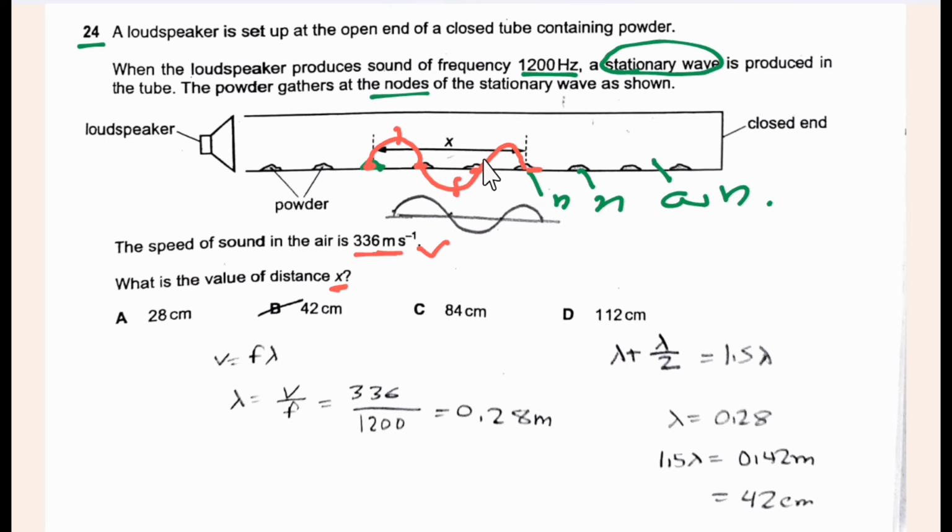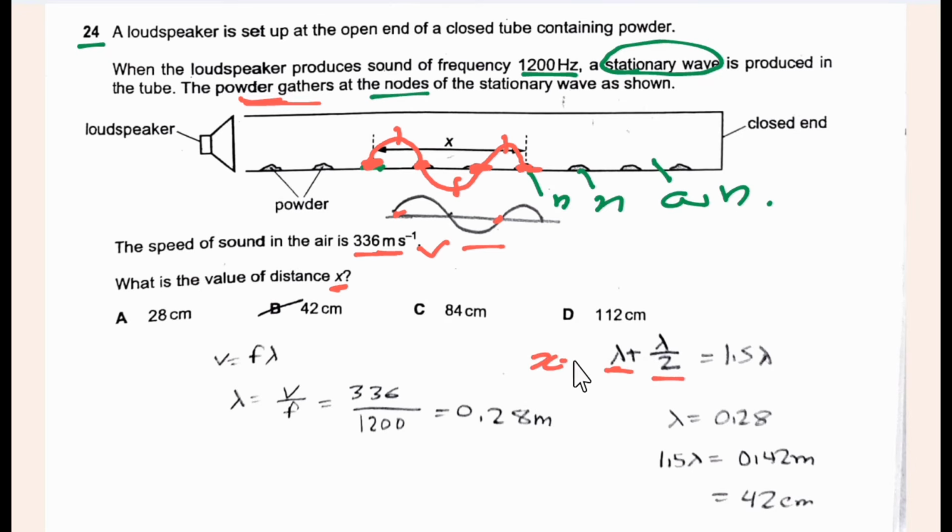At this end there is an antinode, and at the other end there is a node. Since the powder gathers at the node, these ends are the nodes. So we can see that this wave is formed, and how many wavelengths are formed for x? We can see that there is 1 and 1.5, that is one and a half wavelengths are formed.